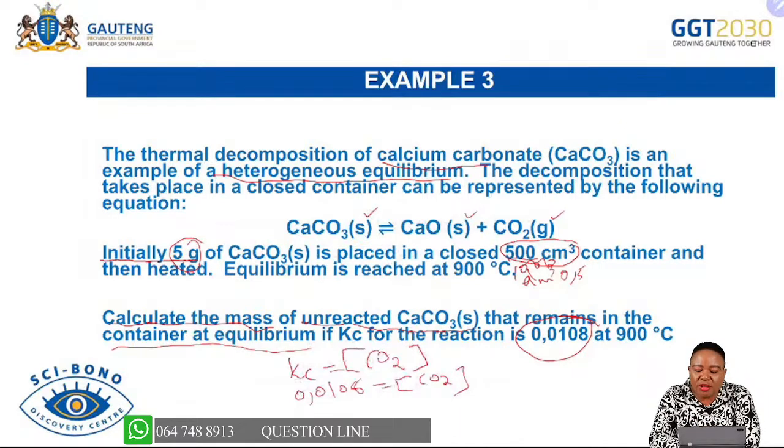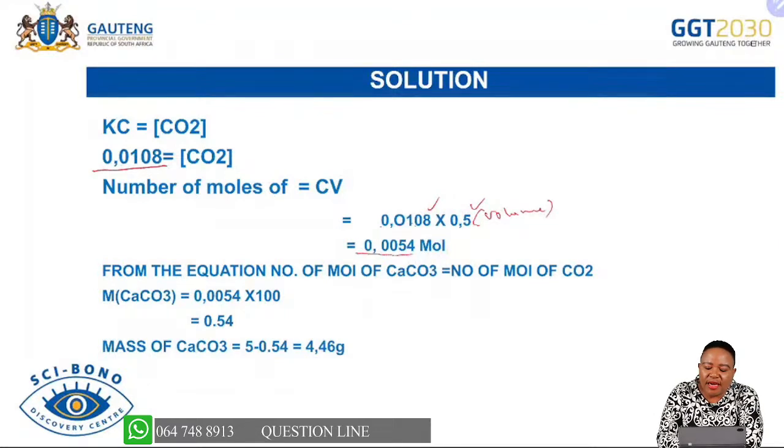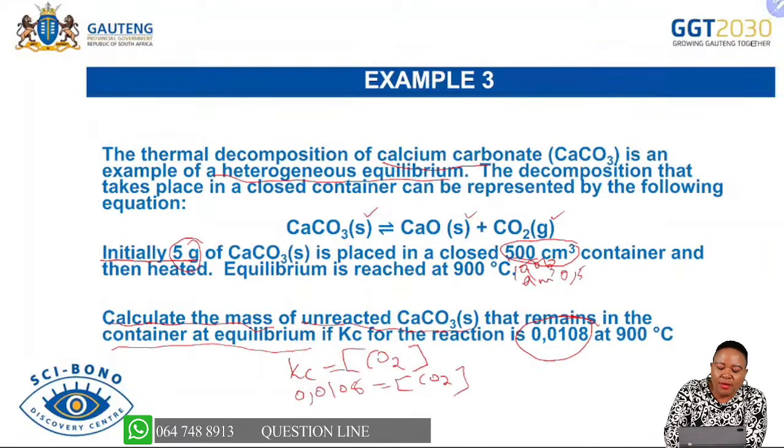Then we can use the concentration of carbon dioxide to calculate the number of moles of carbon dioxide, which is going to be 0.0108 multiplied by 0.5. Remember, this is the volume of the system that we are provided. And then we are going to get the number of moles of carbon dioxide. Under stoichiometric calculations, we know that we use what we have to get what we don't have. But now, what are we calculating? The examiner wants us to calculate the mass of unreacted calcium carbonate.